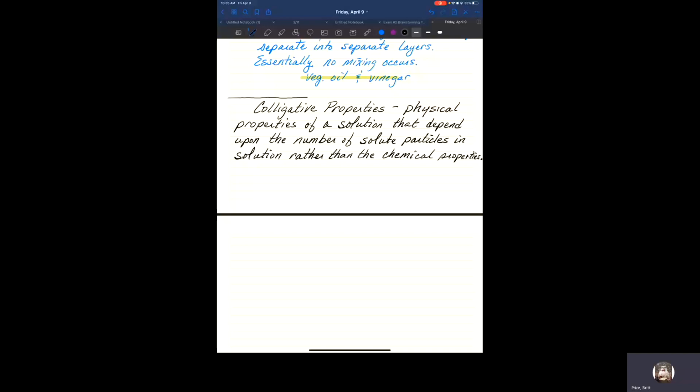Okay, so two of them are really tied together. We've got boiling point elevation and the one that is the same idea is vapor pressure depression. Okay, or vapor pressure reduction.